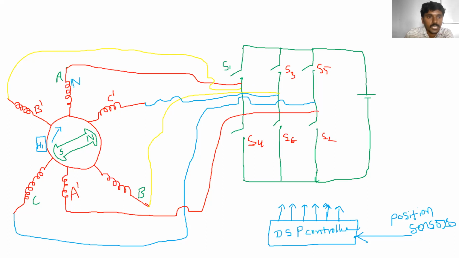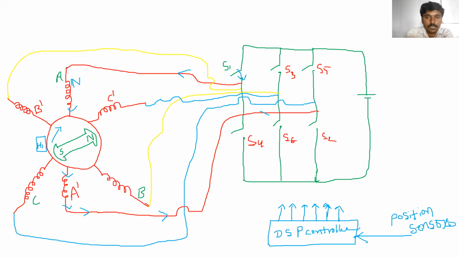So in order to make this coil a north pole, what do we have to do? We have to close the switch one. Whenever the switch one is closed, what will happen? The current flows like this, through the A coil, and it becomes a north pole, and then the current exits through the A dash coil.